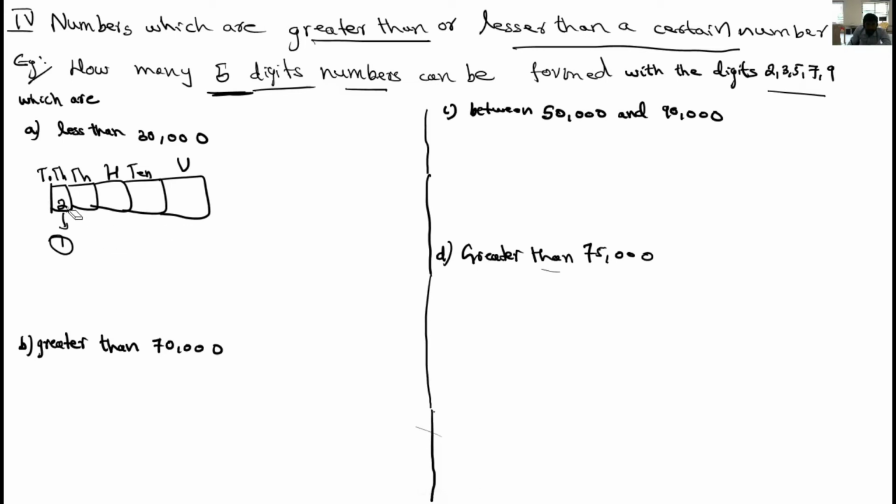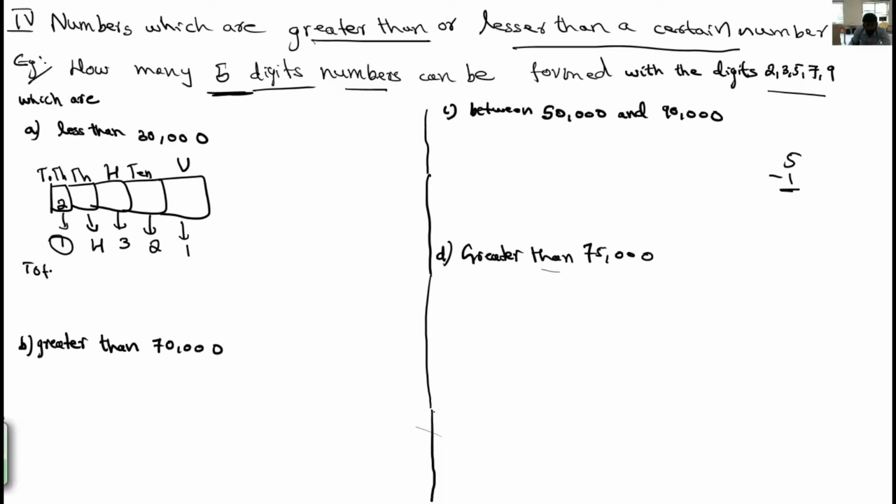So after fixing 2 in the 10,000s place, you can use any number in the thousands, hundreds, tens or units place. For the thousands place, actually 1, 2, 3, 4, 5 numbers are given. One number is fixed in the 10,000s place. So the thousands place can be filled in 4 ways. Hundreds place in 3 ways. Tens place in 2 ways. And units place in 1 way.